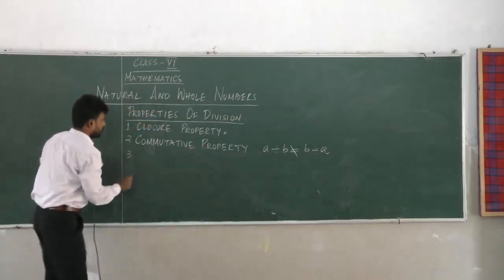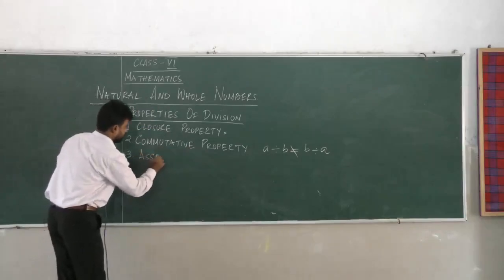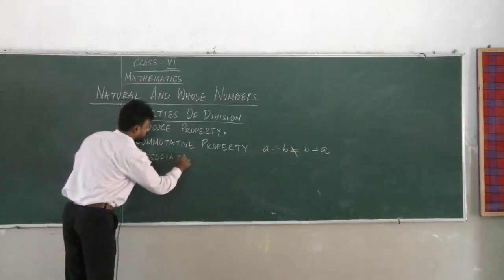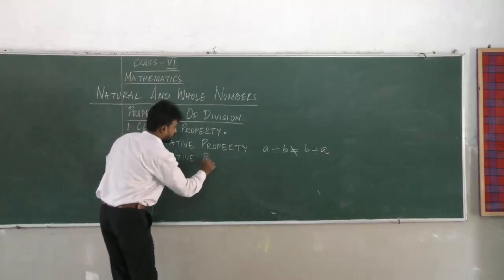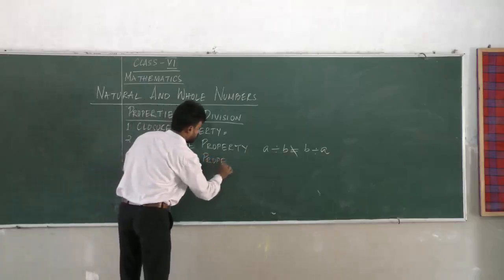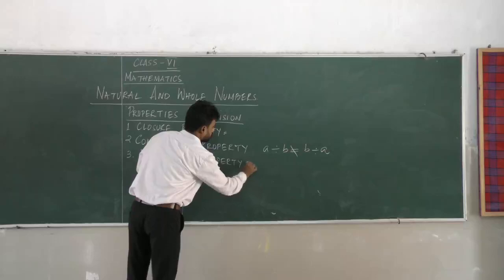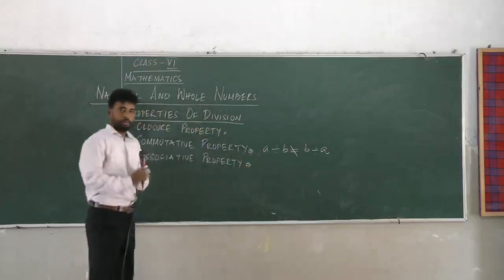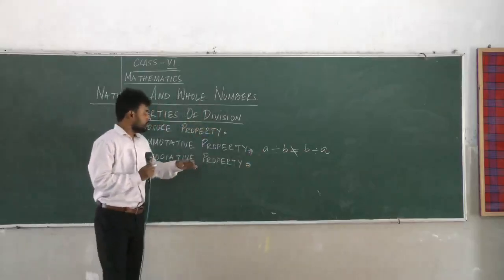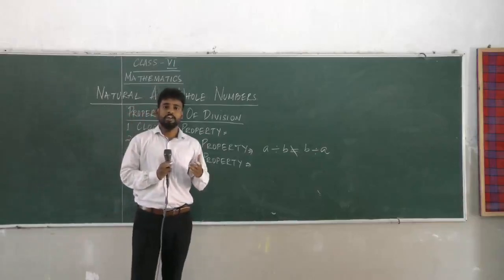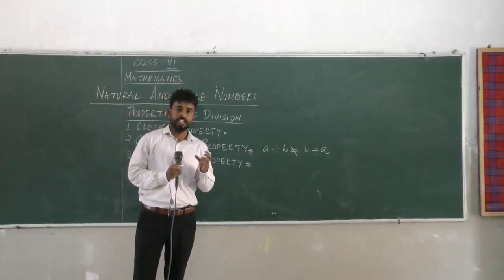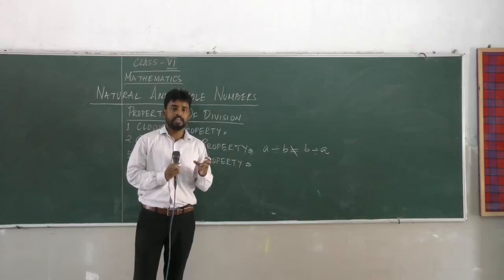Similarly, we'll find that division of whole numbers are not associative, because if we change the group in division, the result will not be same.